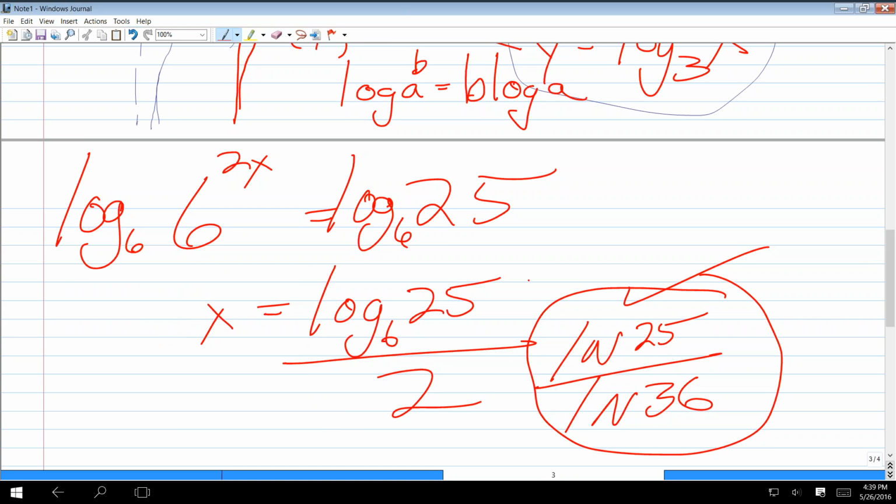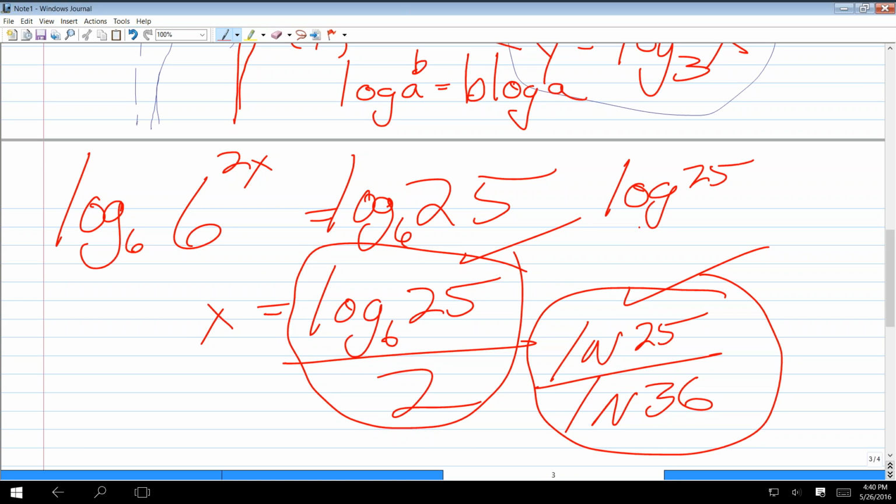But this would be your answer, but notice that I can't get that out of a calculator, certainly not your TI-84. You can out of an Inspire, but your TI-84 requires you to use the change of base formula. Right. So this would become the log of 25 divided by the log of 6.